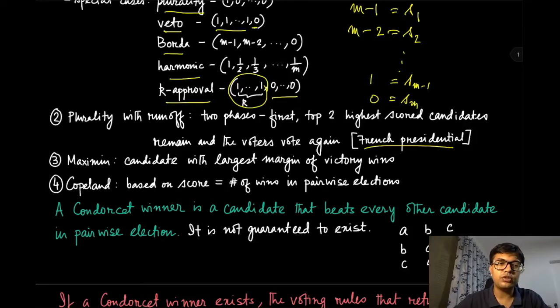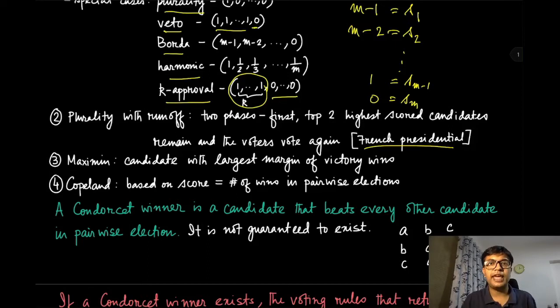The fourth type is the Copeland rule. Now we can think about a pair of candidates and look at what happens in their pairwise election. We have the total ordering of all the agents over these candidates, and we look pairwise at, let's say, A and B, and remove all the other candidates. Who is winning in this pairwise election?